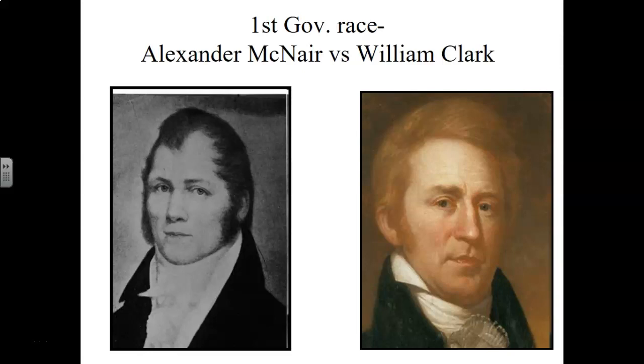William Clark was from St. Louis. People in Missouri tend to not like St. Louis politicians because they think that the only thing that St. Louisans care about is St. Louis. And so they voted for somebody outside of the St. Louis area, and that is how Alexander McNair defeated one of the most famous Americans of all time for Missouri's first governor's race.